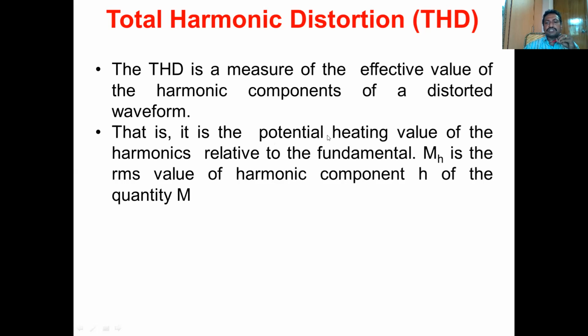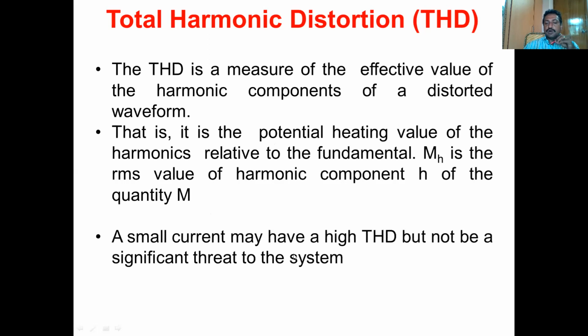MH is the RMS value of the harmonic component H of the quantity M. A small current may have a high total harmonic distortion but not be a significant problem for the system.